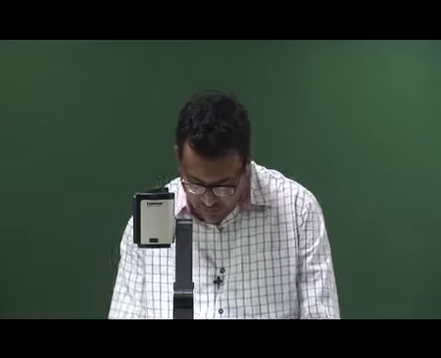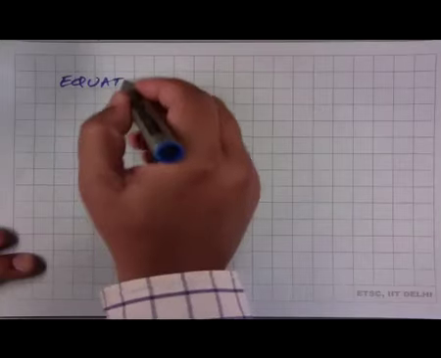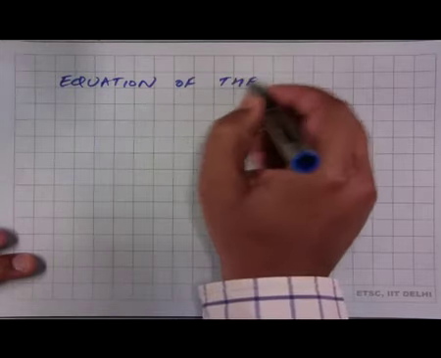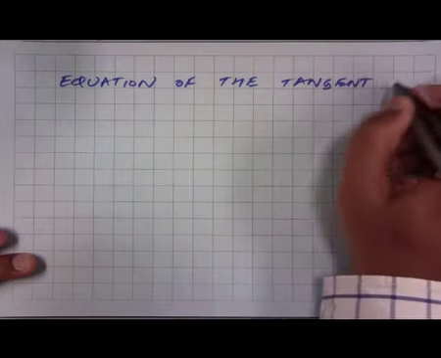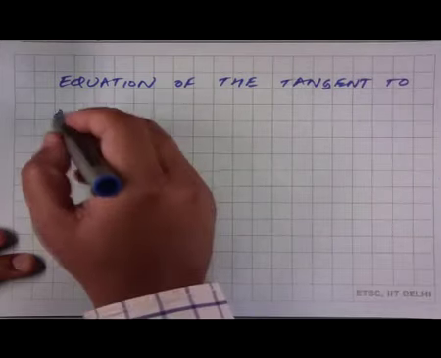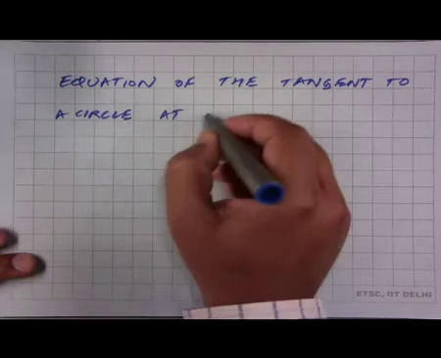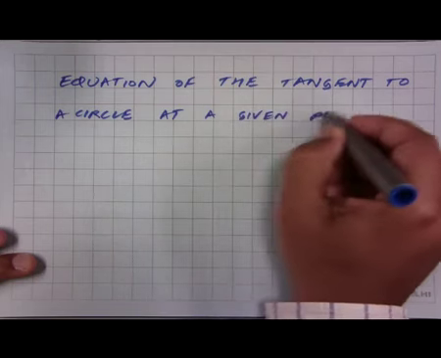So, next let us derive the equation of the tangent to a circle at a given point.